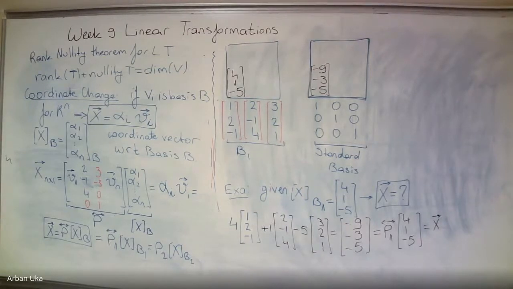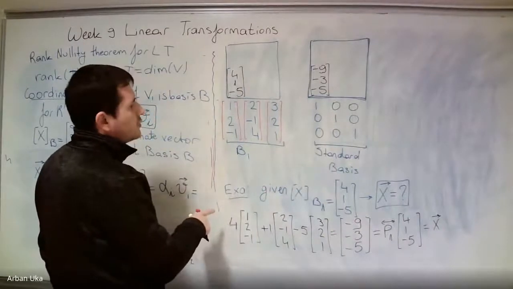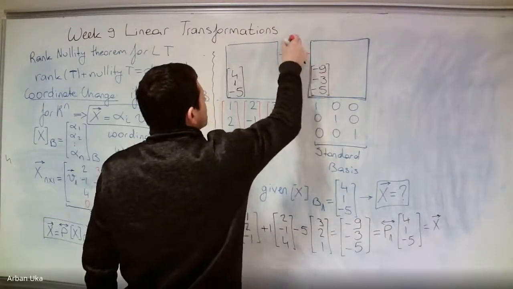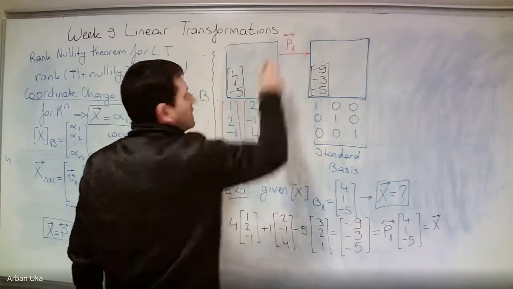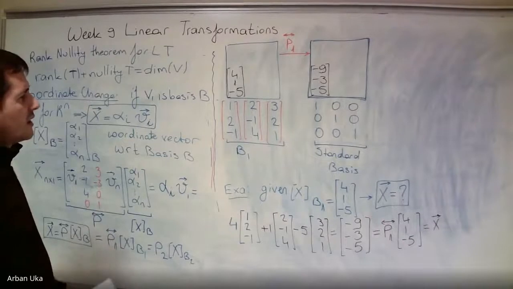Now, we can ask another question, and these two are linked together. So, what did we do here? This was the standard basis. We went this way with the matrix P1. Now, we can ask another question.